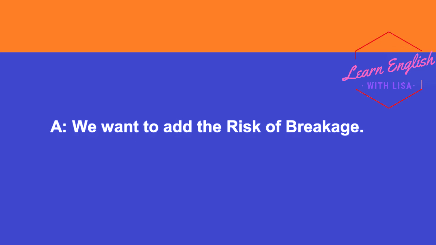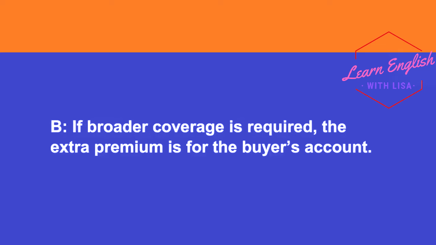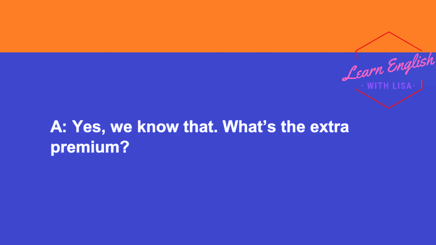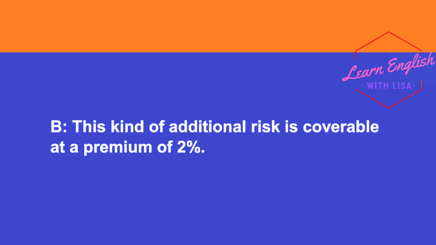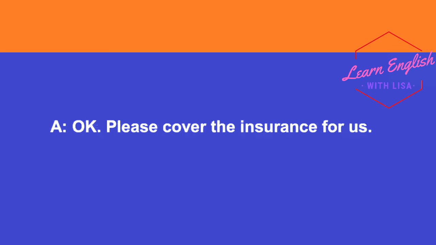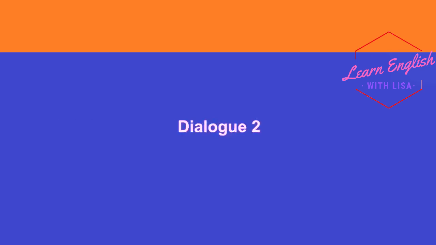We want to add the risk of breakage. If broader coverage is required, the extra premium is for the buyer's account. Yes, we know that. What's the extra premium? This kind of additional risk is coverable at a premium of 2%. Okay, please cover the insurance for us.